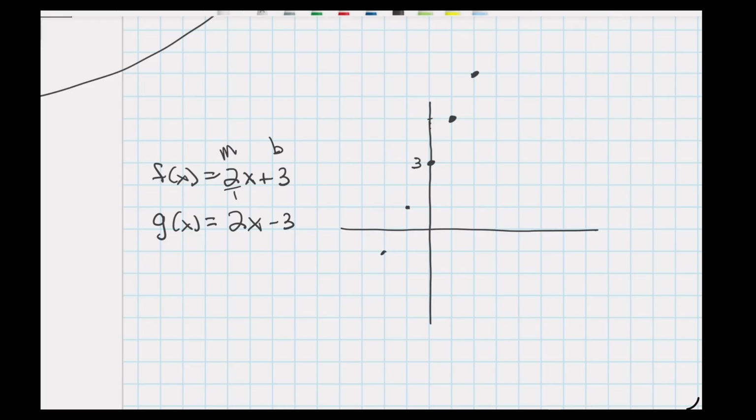f of x is this function graphed right here. Pretend it's straight. Now let's go to g of x. Here's g of x. Negative 3 for the b value, and slope is 2 over 1.